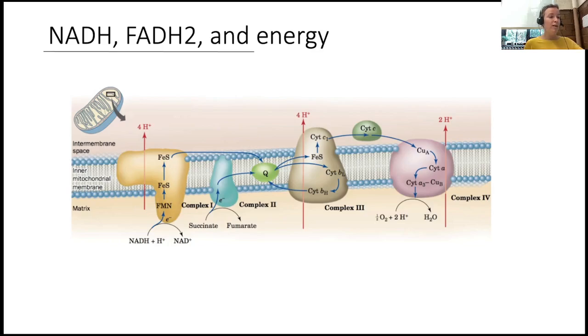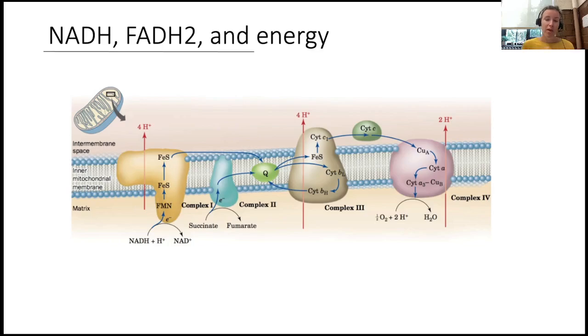But before we leave, let's try to connect our understanding of what's happening with all this electron movement to proton movement and energy, okay? So we saw that electrons were coming into the electron transport chain through NADH, through FADH2, and also potentially NADH from glycolysis.